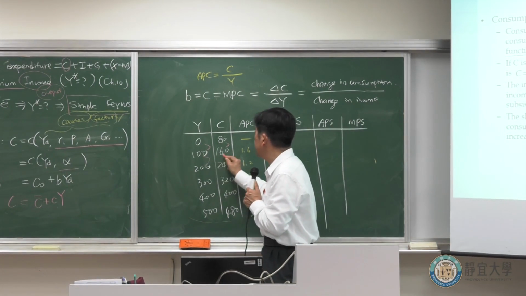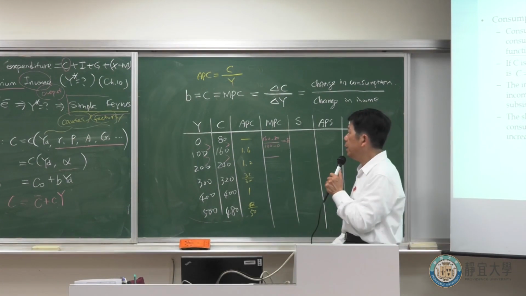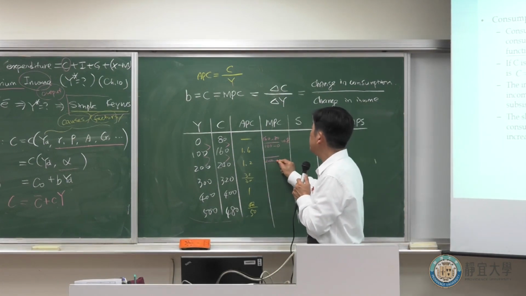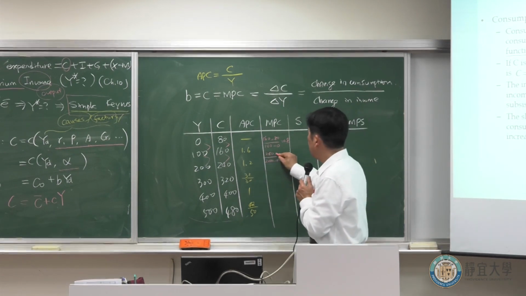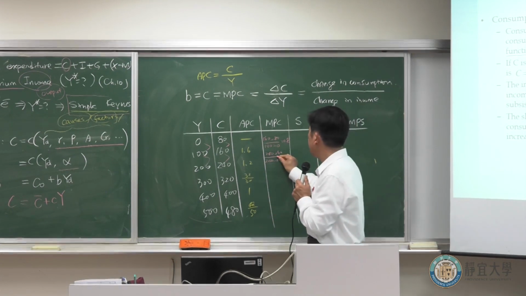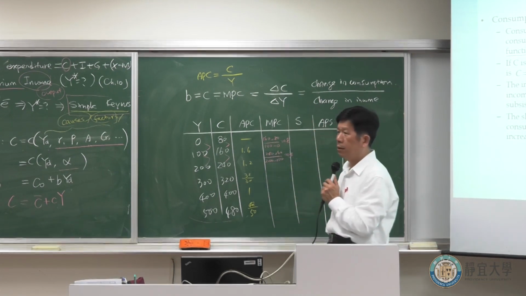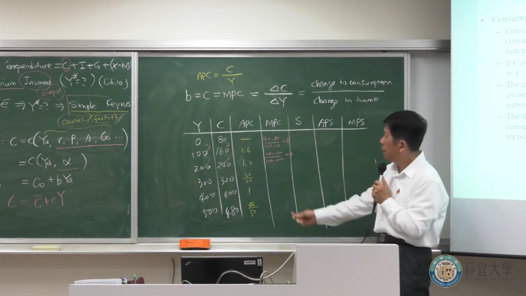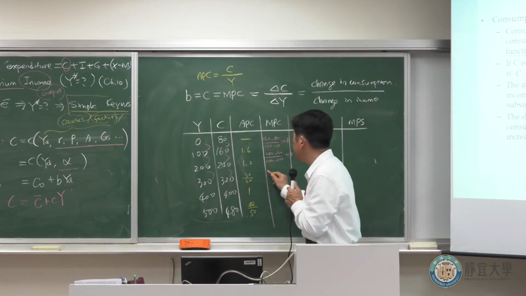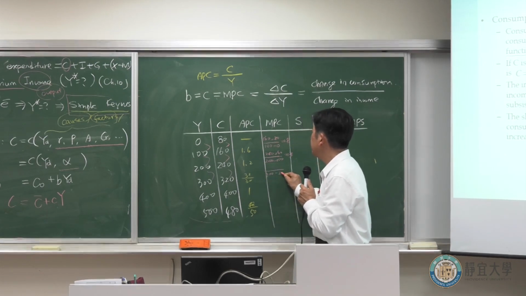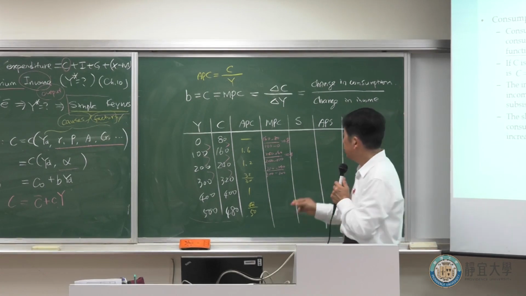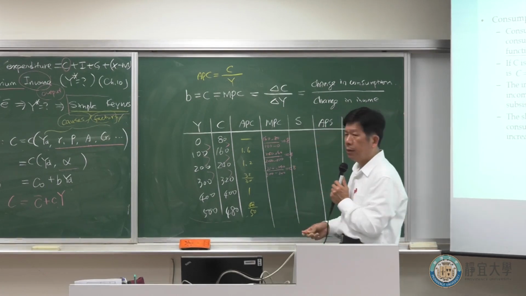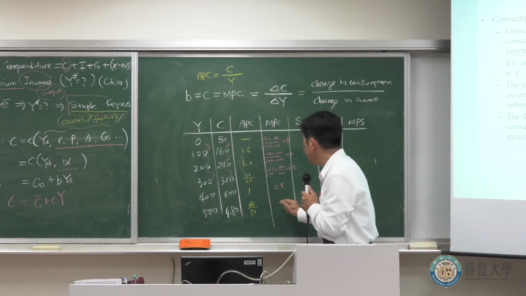You can try the next one: 200 minus 100 and 240 minus 160, and after that you get 0.8. Then continue to calculate: 300 minus 200 and the change in consumption, 240, and you also get 0.8. So actually they are all 0.8.